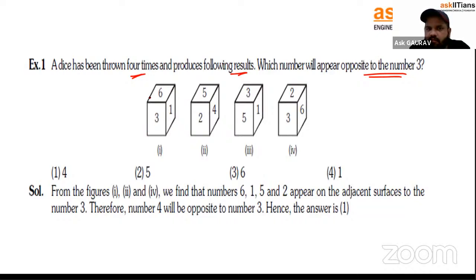Only 3 faces are visible to you. 5, 2, 4; 3, 5, 1; 2, 3, 6. Now this is the same dice, but it is thrown multiple times. You have to identify in that dice what will be the number that is opposite to 3.